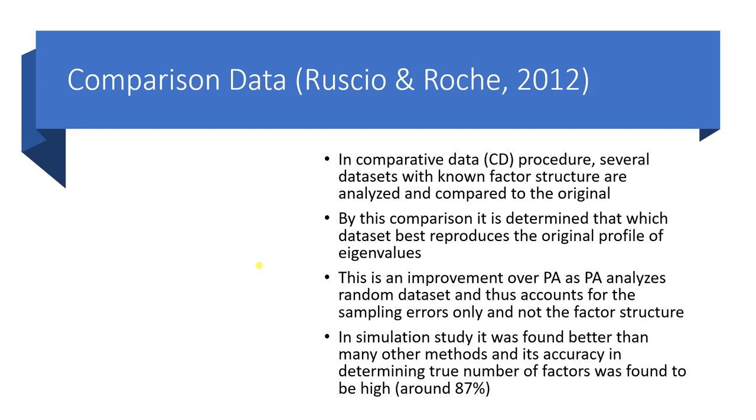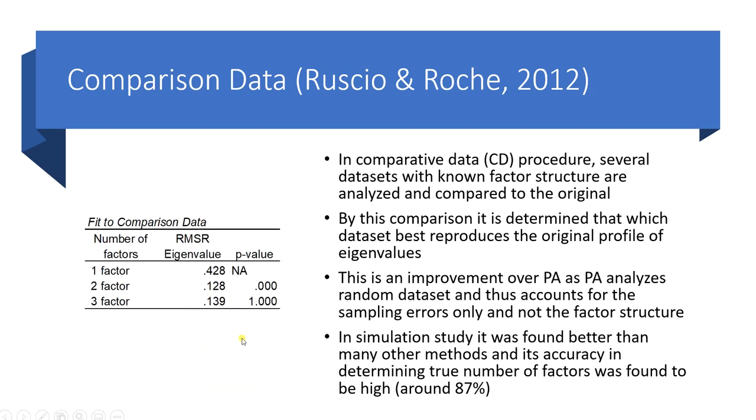And in various simulation studies, in fact, Ruscio and Roche themselves did this simulation study and found that this was very accurate in determining the correct or true number of factors. The accuracy was around 87%, and this method was found better than many other methods that I have discussed.